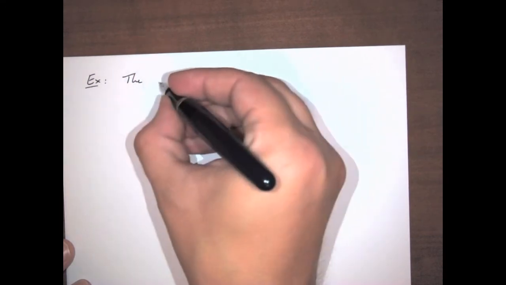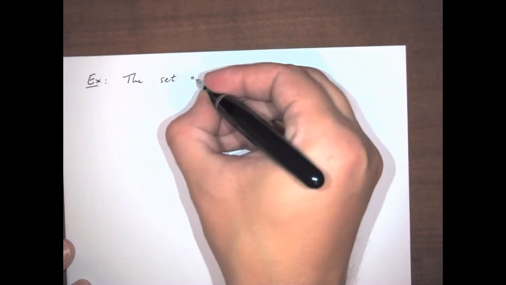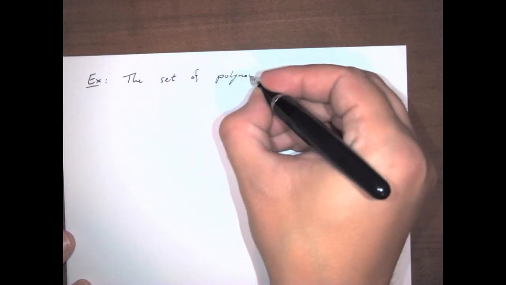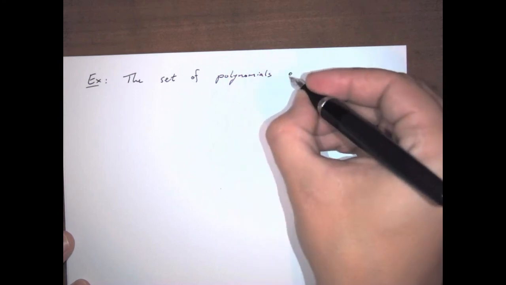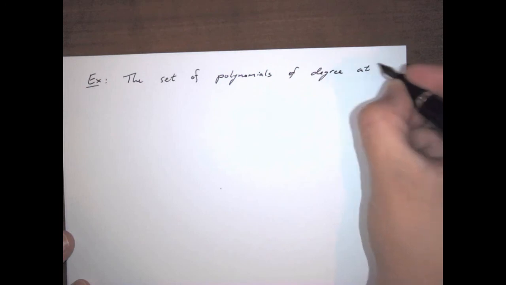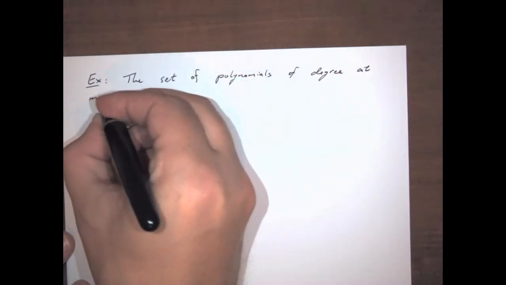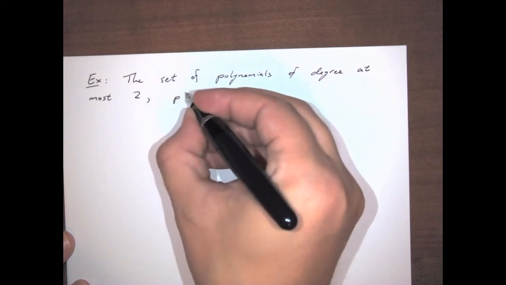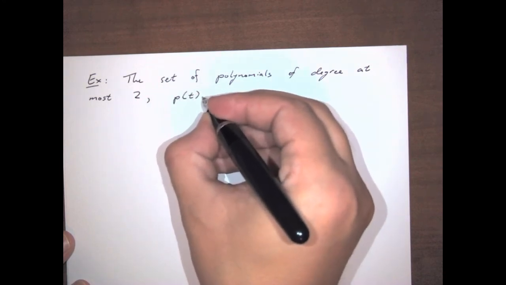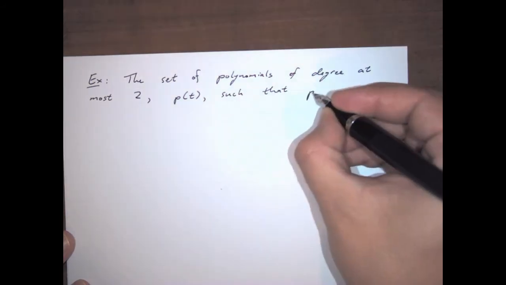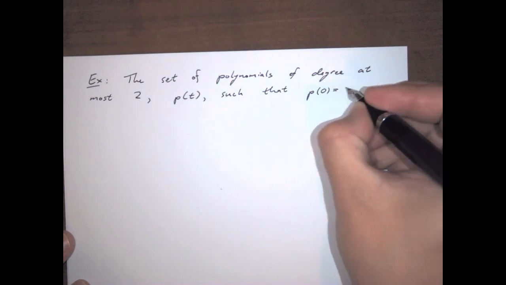So let's take as an example the set of polynomials of degree at most 2, and we'll say P of t such that P of 0 equals 0.